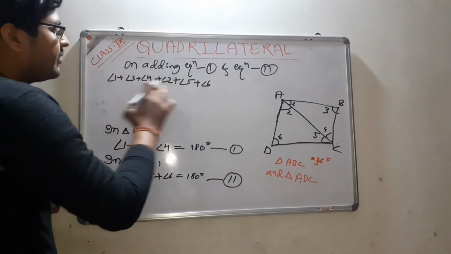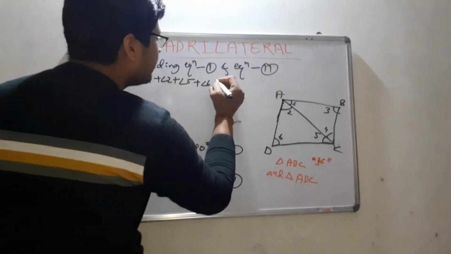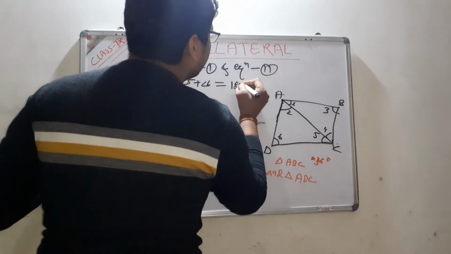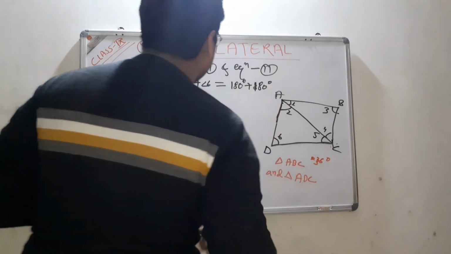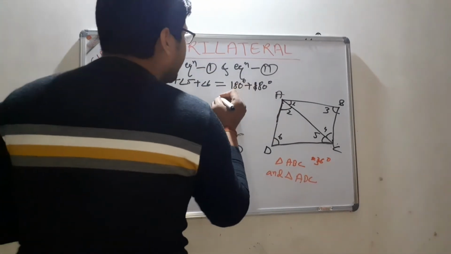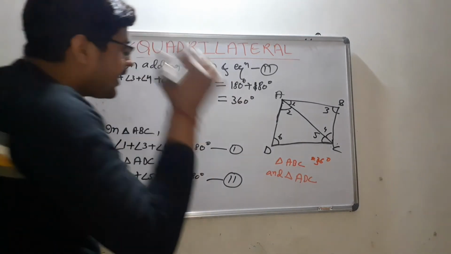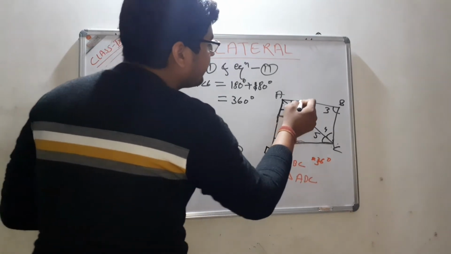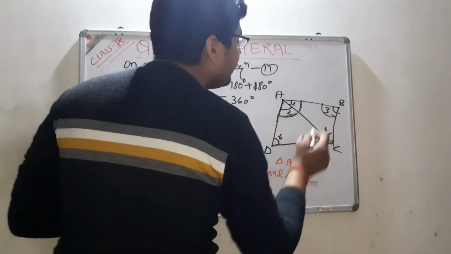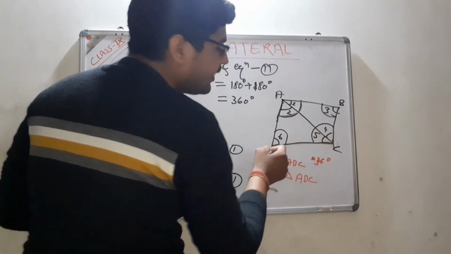We have written the LHS of both equations. Now we add the RHS, 180 degrees plus 180 degrees, which gives 360 degrees. Now here angle 1 plus angle 2 gives angle A, angle 3 is angle B, 4 plus 5 is angle C, and angle 6 is angle D.